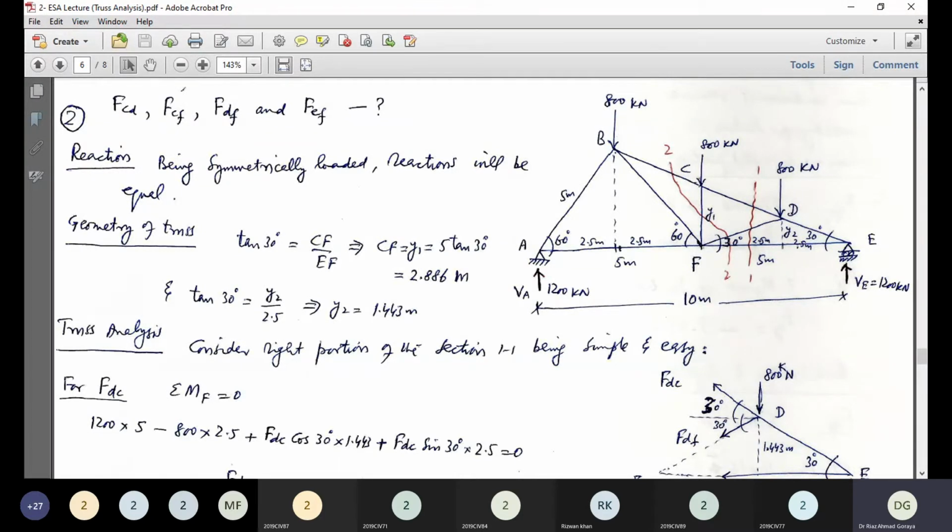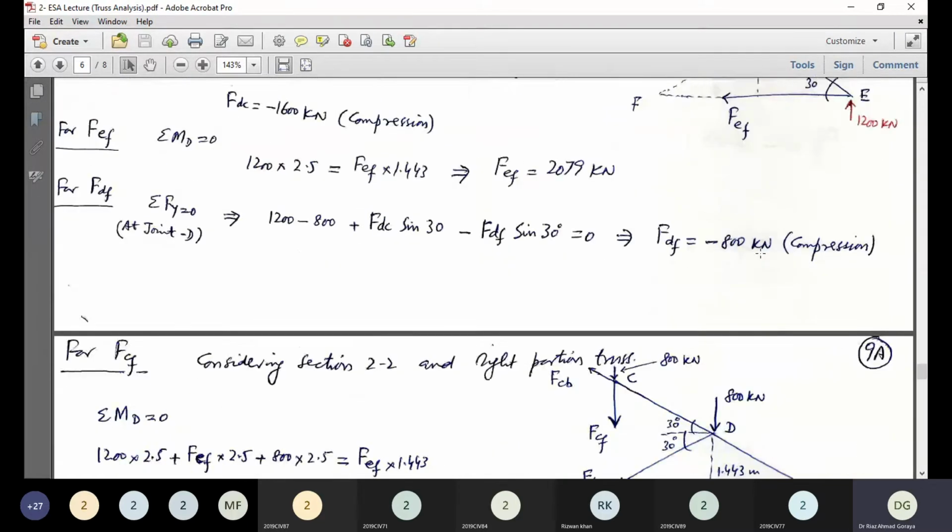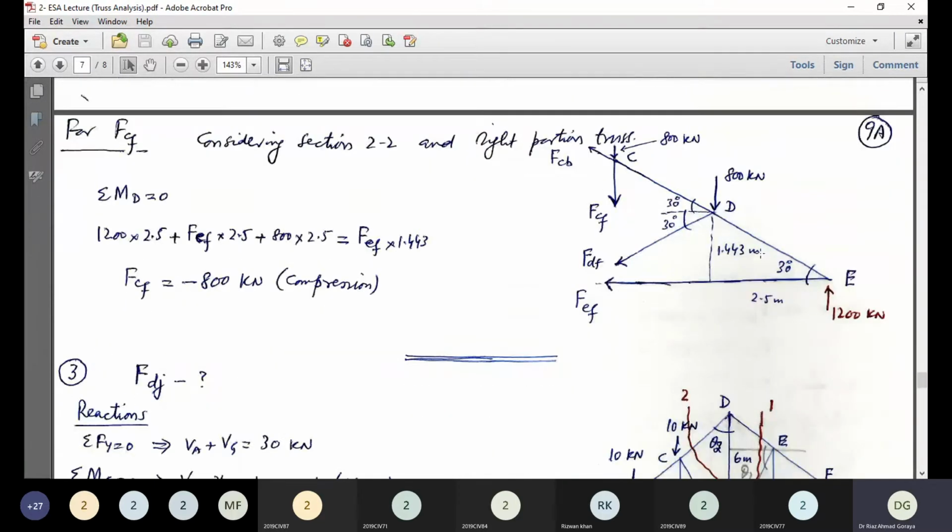So again, for section 2.2, we will consider the right portion being more convenient. So the free body diagram of section 2.2 is like this. Now we need the force in member CF, this vertical member.